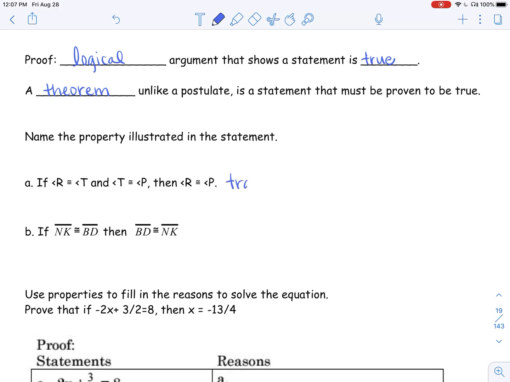This is our transitive property, and it is our transitive property of congruence. And if NK is congruent to BD, then BD is congruent to NK. There are two pieces here. This is our symmetric property of congruence.